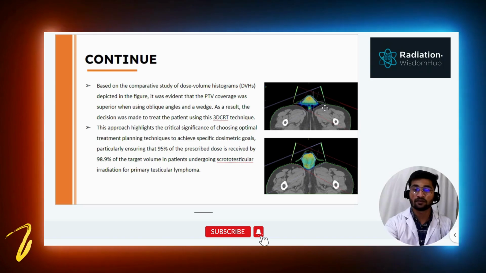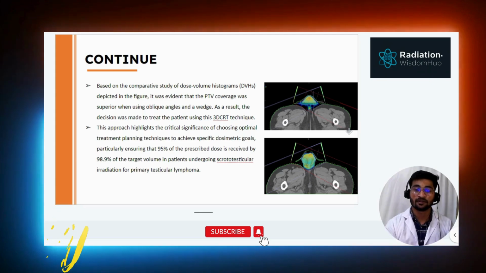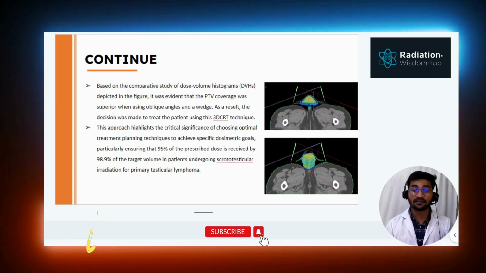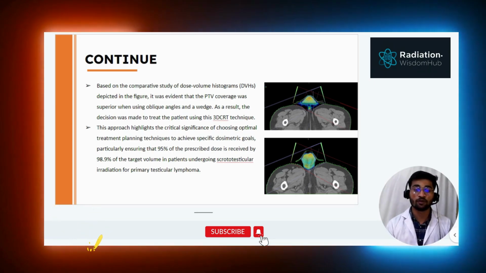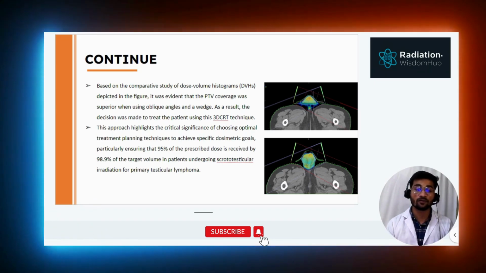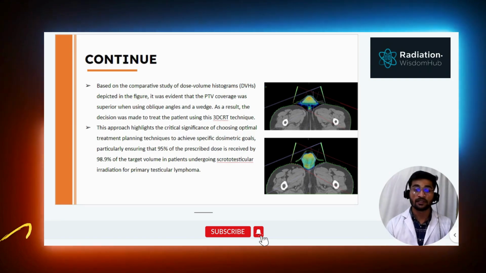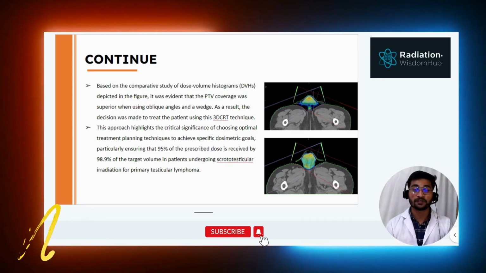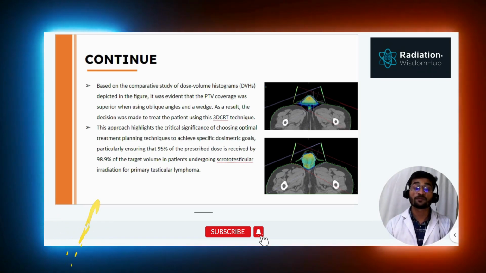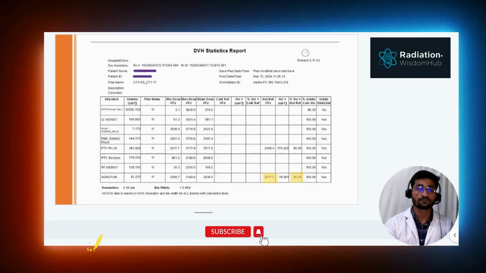So you can see here the total coverage on this picture, first picture and second picture. This approach highlights the critical significance of choosing optimal treatment planning techniques to achieve a specific dosimetric goal, particularly ensuring that 95% of the prescribed dose is received by 98.9% of the target volume in the patient undergoing scrototesticular irradiation for primary testicular lymphoma.